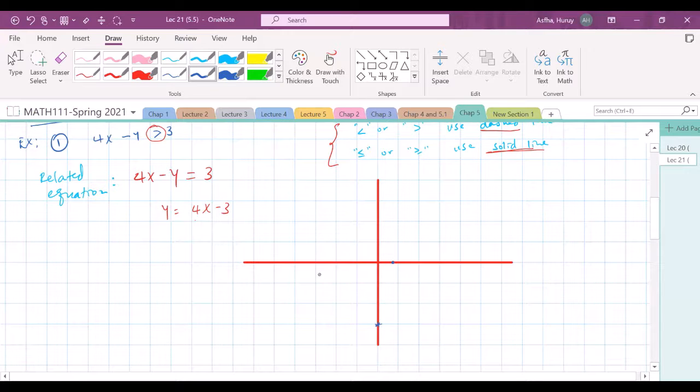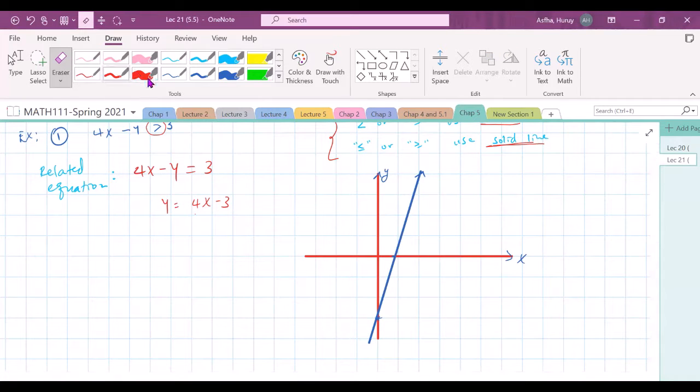And then I will draw a straight line from here. Since this is strict, we have to use a dashed line.